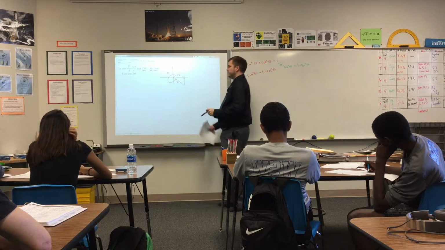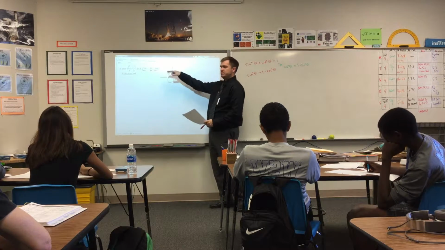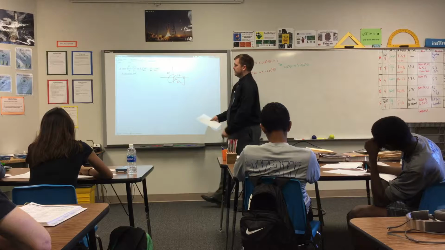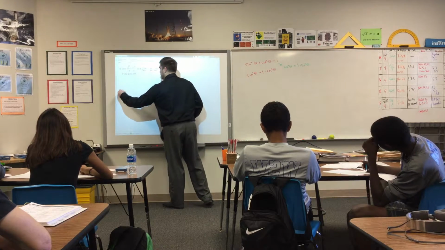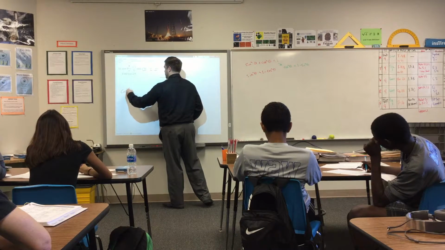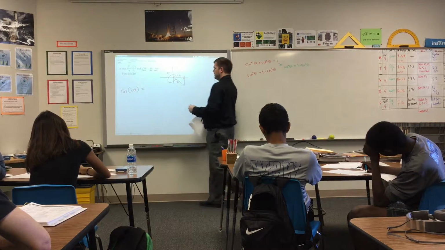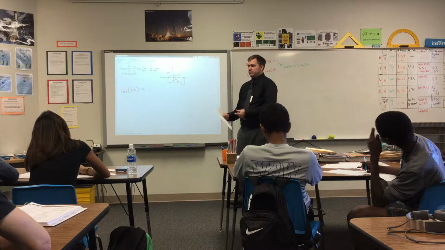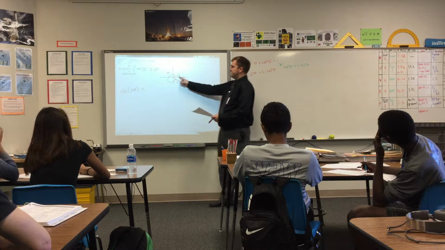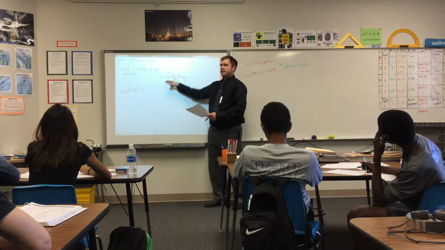So we're going to try to double this, and we want to figure out when we double it, what's the cosine. Okay? So what's the cosine of 2 theta? Let's think about this for a second. Which quadrant do you think, when we double this angle, we're going to end up in?